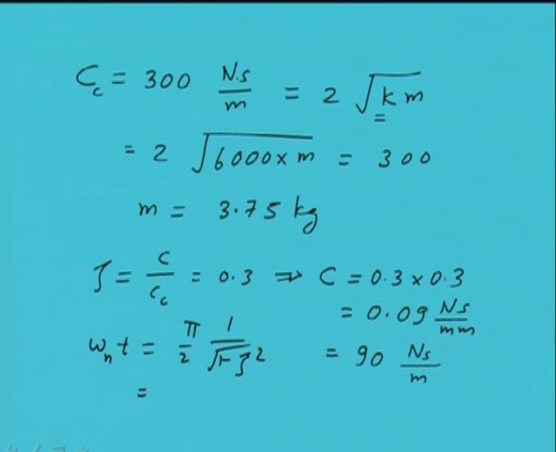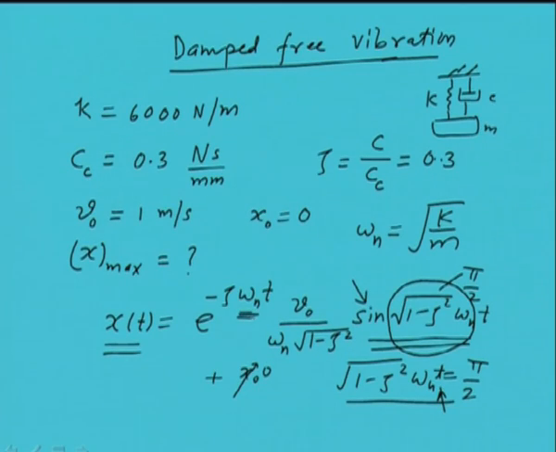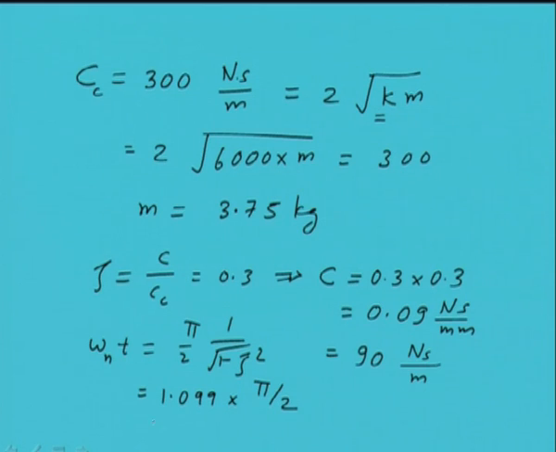This gives omega n t as 1.099 into pi by 2, and this can be substituted in the previous equation. If we substitute, we can get the maximum displacement, that will be e raised to minus zeta, 0.3, into pi by 2 into approximately 1.1. This 1.1 is coming from here, approximately 1.1 into pi by 2.